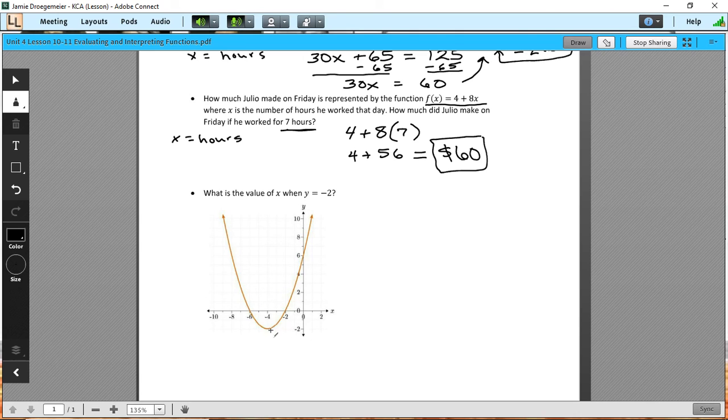Well, when y is -2, on our graph, we can see that it looks like x is at -4. So when y is -2, x would be -4. All right, so you need to be able to read a graph, interpret a graph like that.